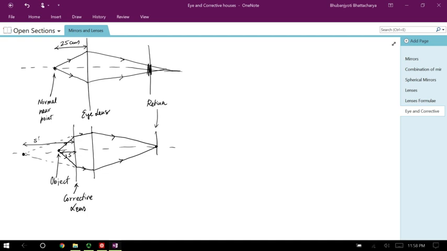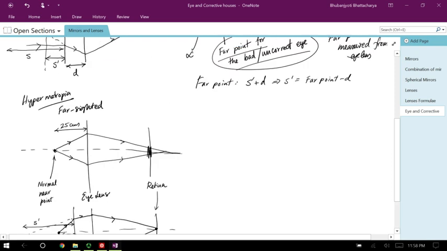And as it is further back, it is making sure that this is the virtual object for the eye lens. And this point, that's the virtual object for the eye lens. And as long as this is really the actual near point of the person's eye, we are good to go.